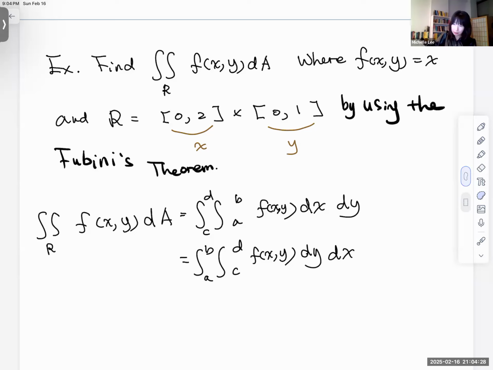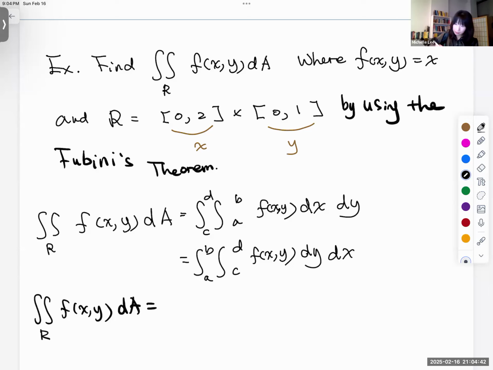Let me do this one first, then the other one later. We have y from 0 to 1 and x from 0 to 2, and the function is x, dx dy, right?